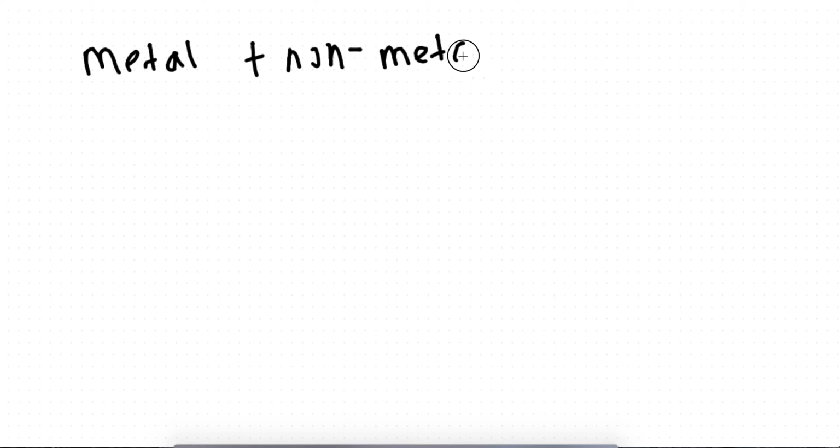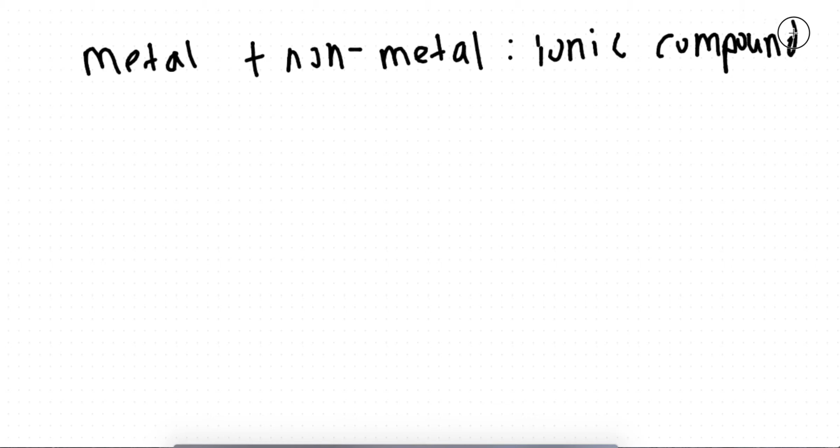When you have an ionic compound, you have a metal and a non-metal. This is what we call an ionic compound, which is what we've been doing all this time.